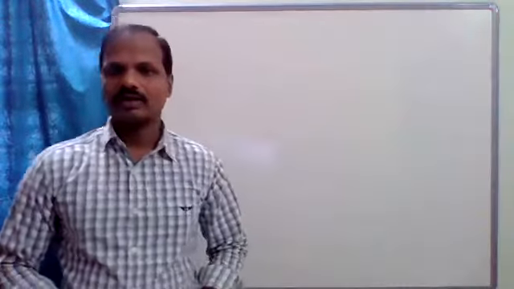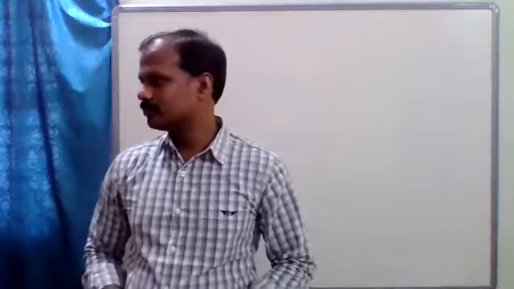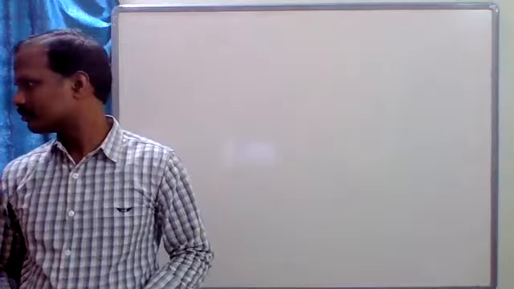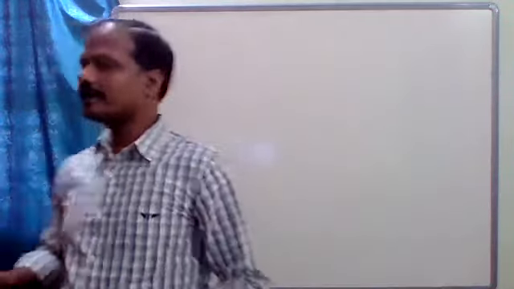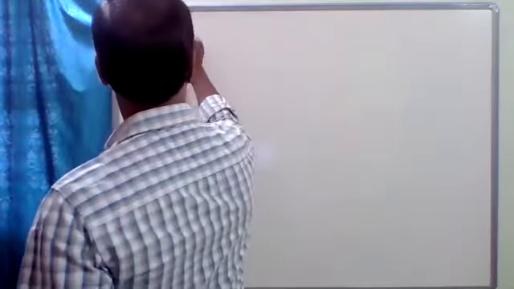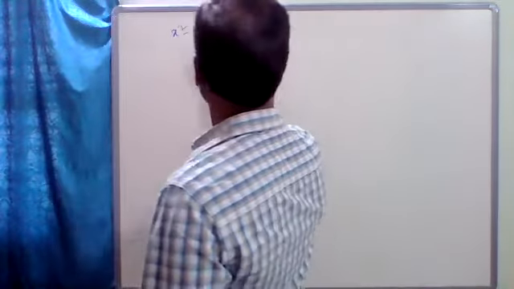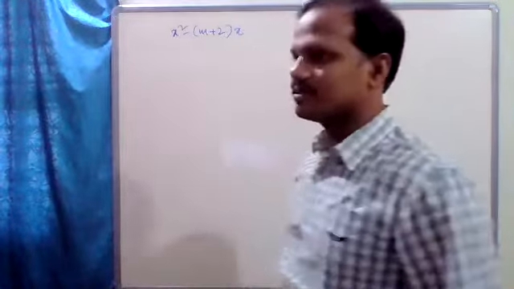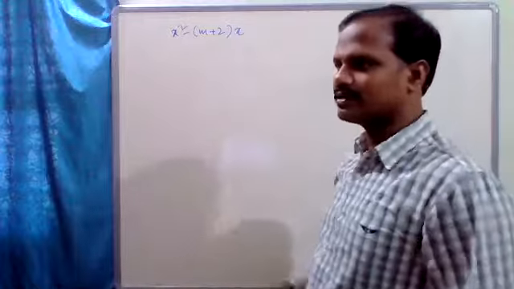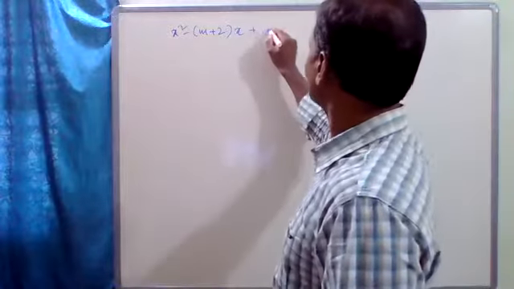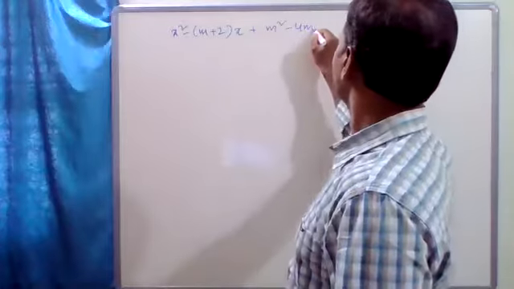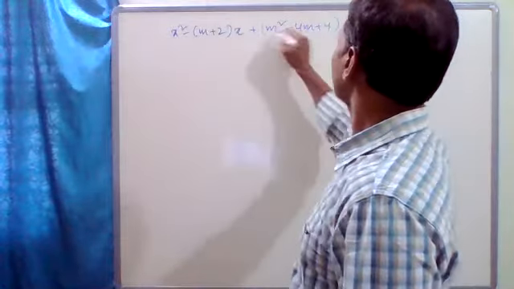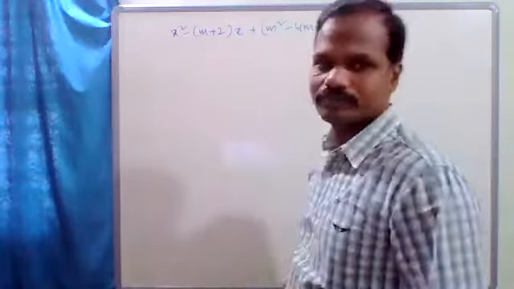Okay, next problem. x square minus (m plus 2) into x plus m square minus 4m plus 4 equal to 0.